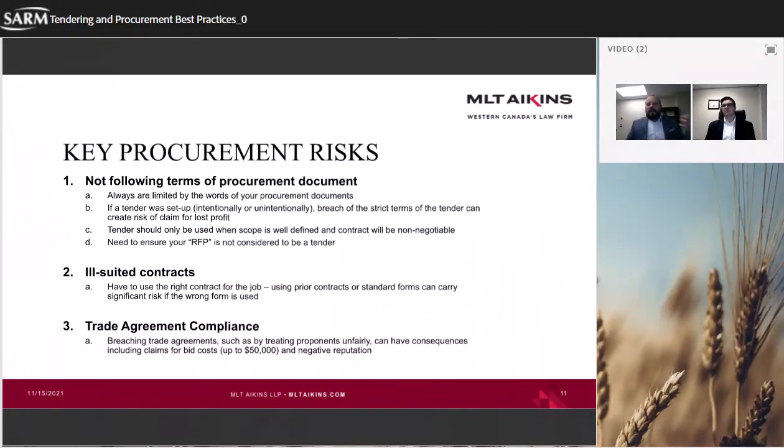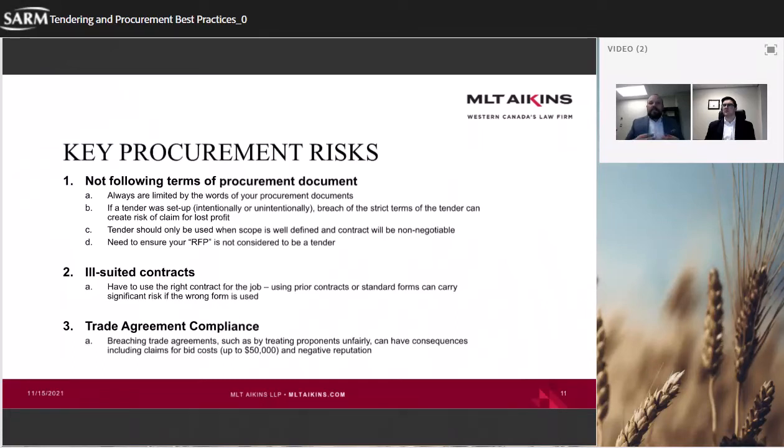Whether we're talking about a binding process or a non-binding process, tender, RFP, whatever we want to call it, the document that we put out on the street to solicit bids is going to have a bunch of rules in it. And these rules are going to be the rules of the game.